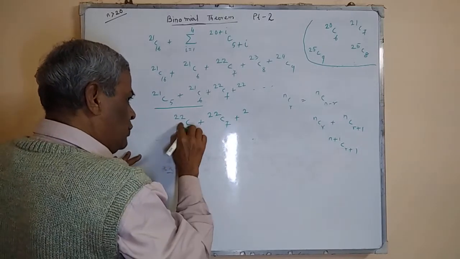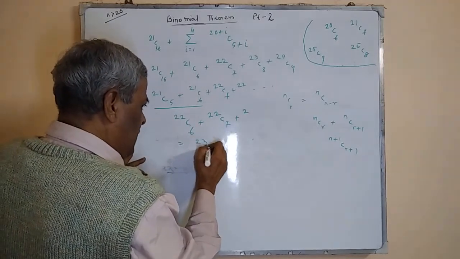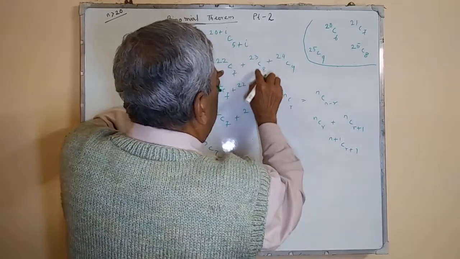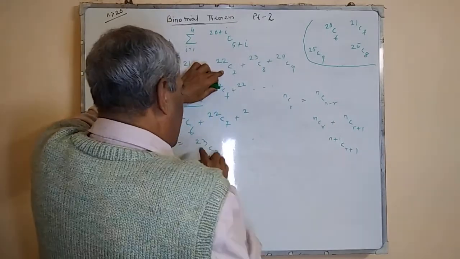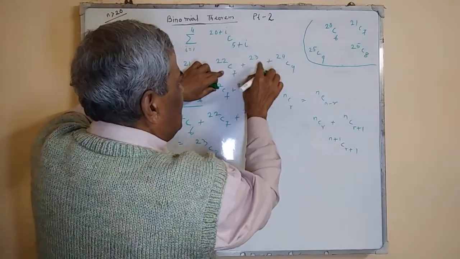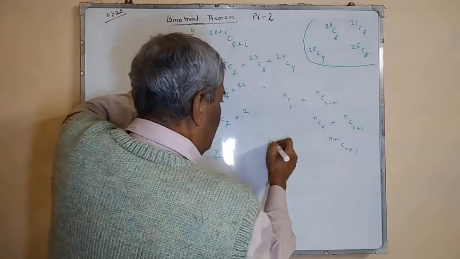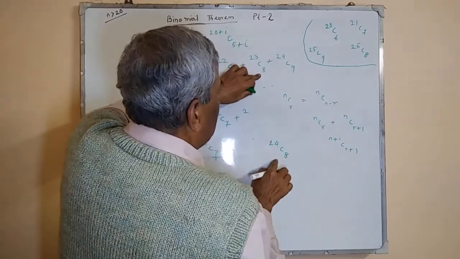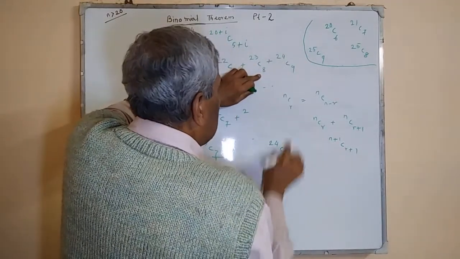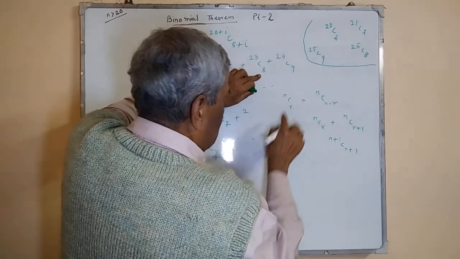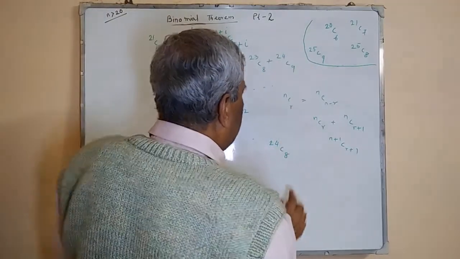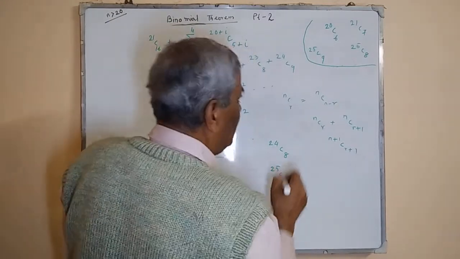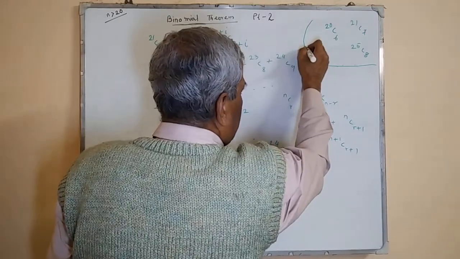Now I add these two, this and that. This is 23C7, 23C7. Then 23C8 is there. 23C7 plus 23C8 is 24C8. Now I have added up to this. Next term is 24C9. So this plus that, 24C8 plus 24C9. Their sum is 25C9. So answer is C. Option C.